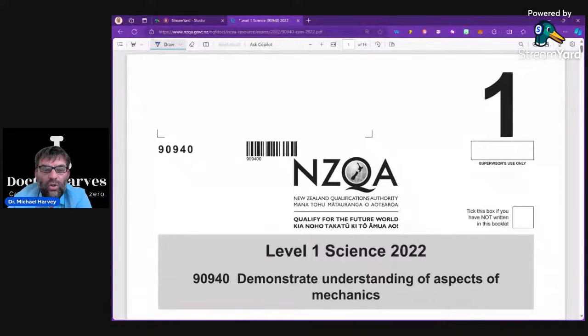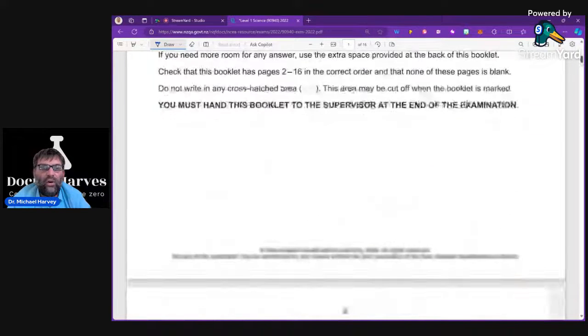Okay, so you should start seeing the paper there. We'll just be working through it. There we go. So NZQA Level 1 Science 2022. Okay, so let's just crack on.